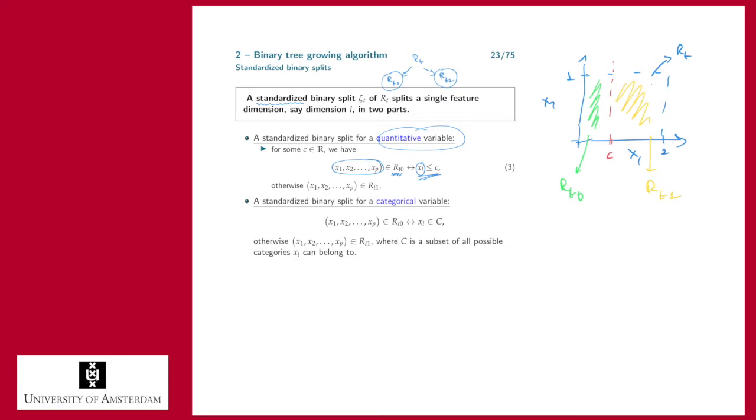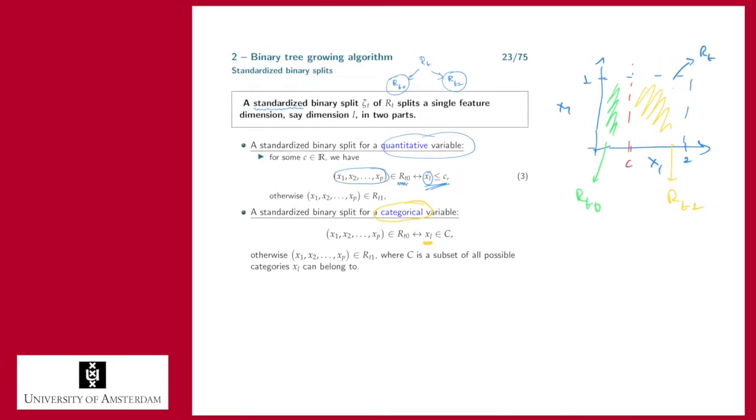In case our feature variables are categorical, we cannot say, well, it should be smaller or larger than a certain value, because my x values are now categories, class 1, 2, 3, and so on. In that case, I will again focus on one dimension.